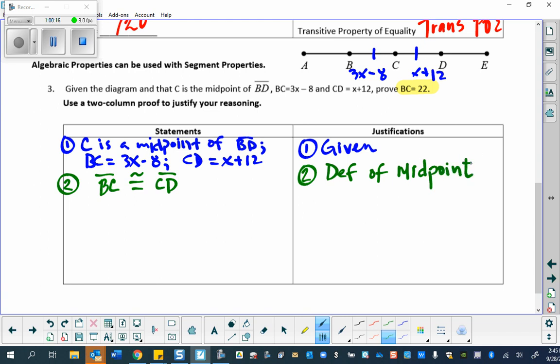That's what a midpoint is, right? Doesn't a midpoint evenly divide a segment into two congruent segments? Stay with me, Sumner. Right?